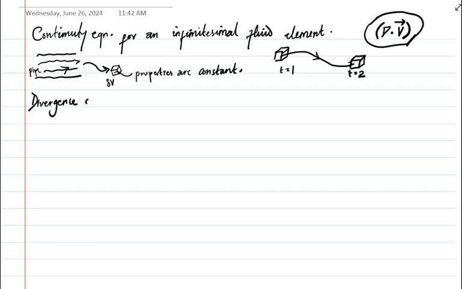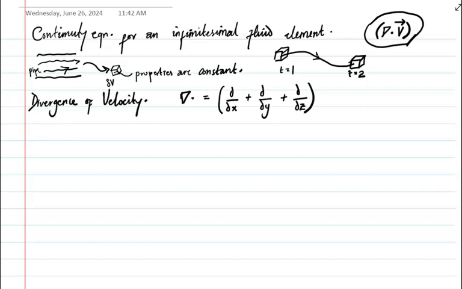Divergence of velocity. The divergence operator we know from vector calculus is del dot, which can be written as d/dx plus d/dy plus d/dz.